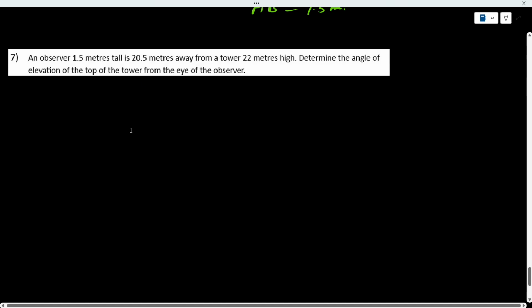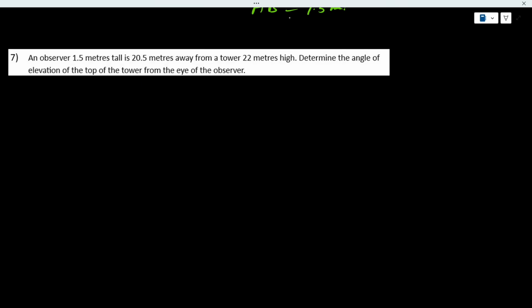What is given in question number 7? An observer 1.5 meter tall is 20.5 meter away from the tower, which is 22-meter high, right? Determine the angle of the top of the tower from the eye of the observer. So first you will draw here the observer. What is the height of the observer? This is 1.5 meter tall.